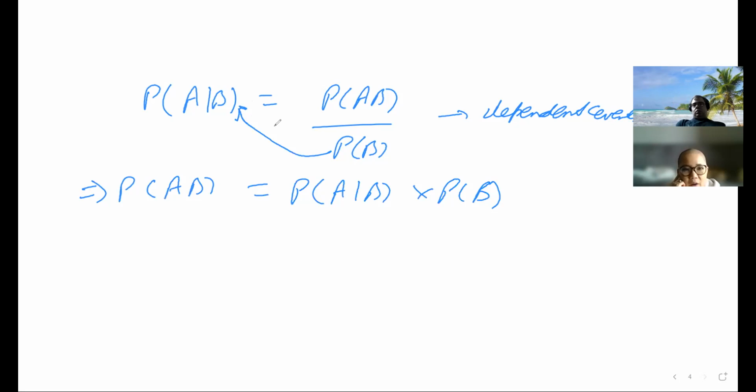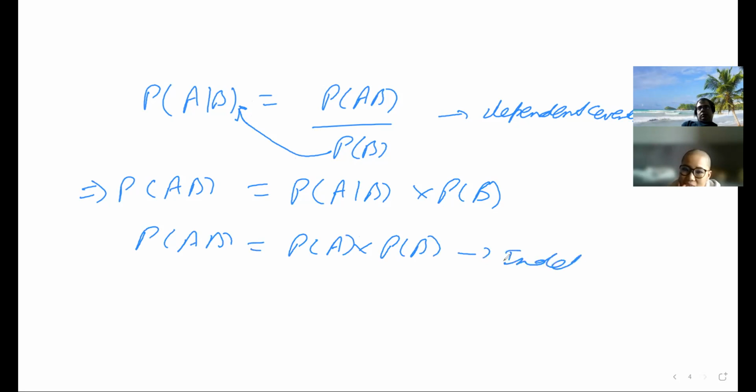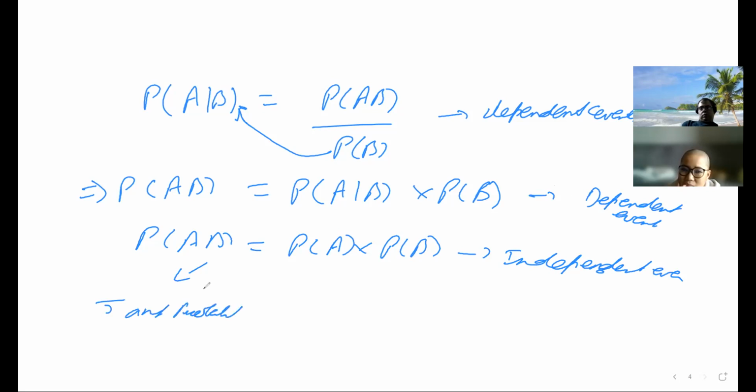I'm just trying to say that when you are finding a joint probability of independent events, your formula is PA into PB, and this is the formula for dependent events. And this is a joint probability.